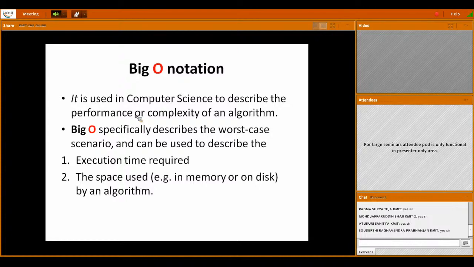While I was talking about the worst case, one of the students asked, why not the best case? The logic behind this is that if you cater for the worst condition, then the algorithm is more and more refined. If you are catering for the best condition, there is a possibility of the worst condition.